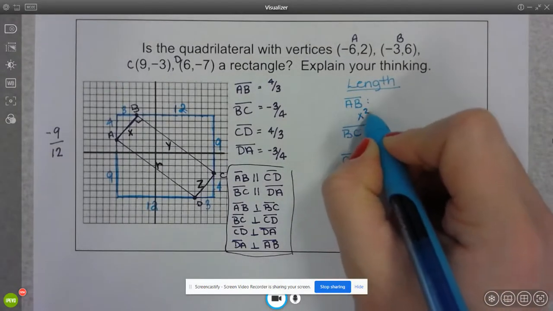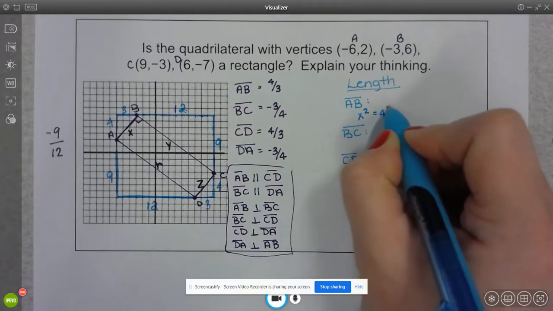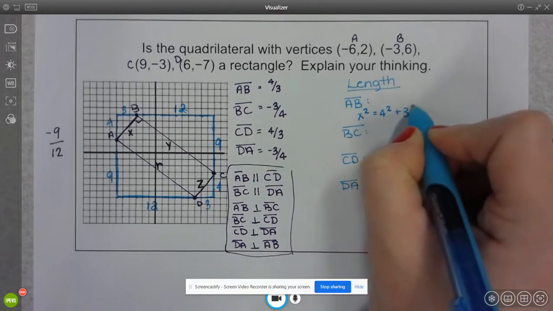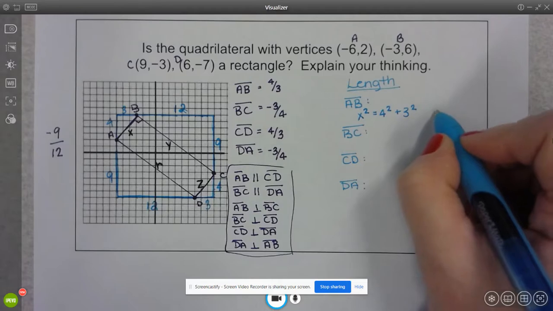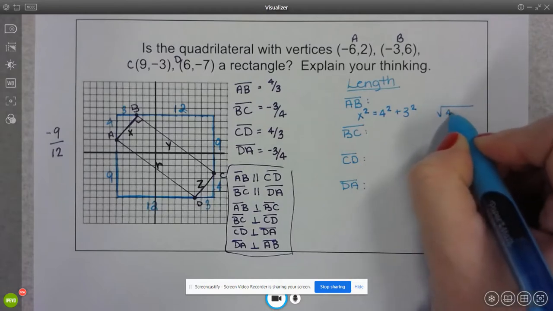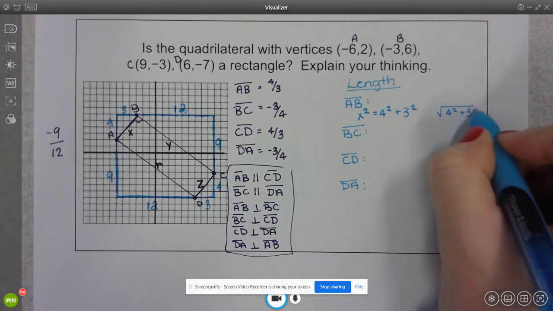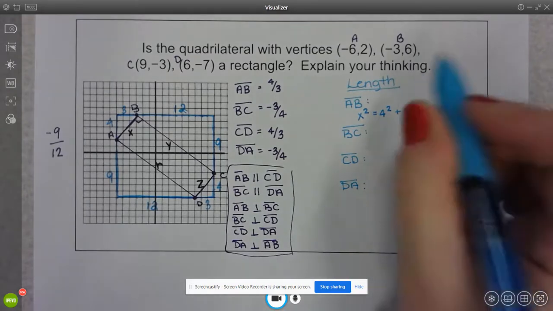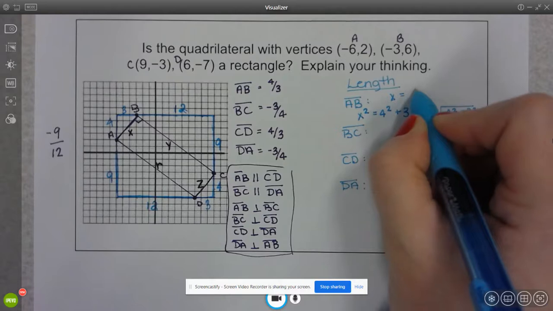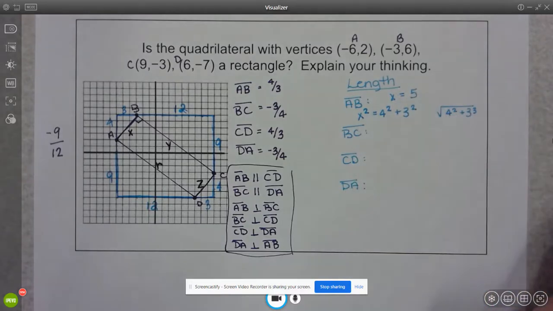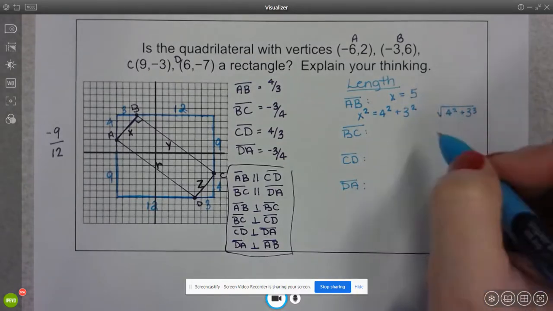So X squared is going to be 4 squared plus 3 squared. So ultimately, I'm going to be taking the square root of 4 squared plus 3 squared. So here my value for X is going to be 5. And I did that all in my calculator.